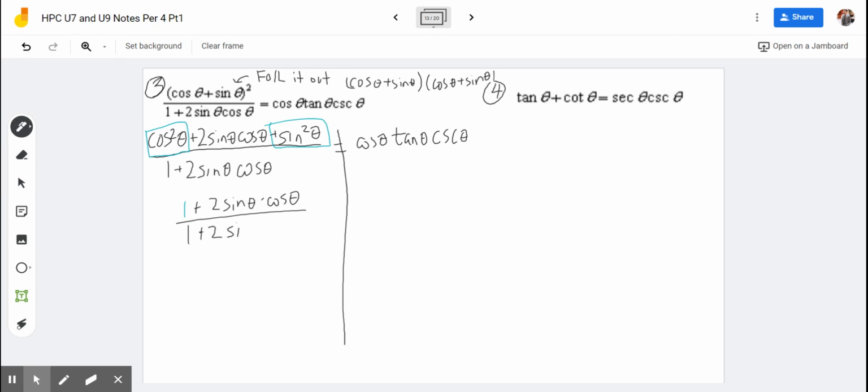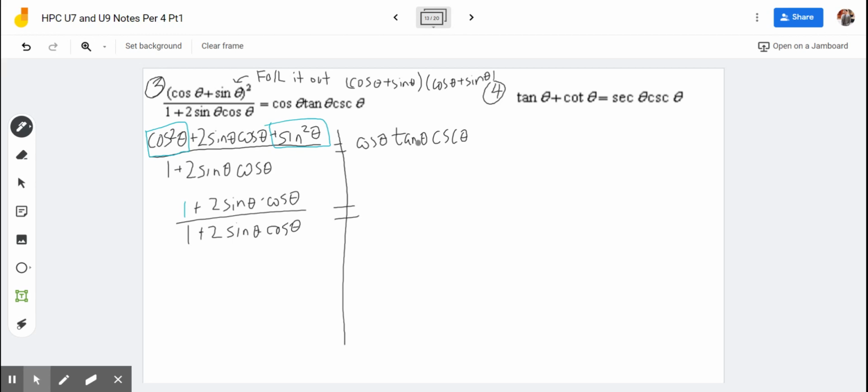And you're looking at this and you're like, wait a minute. You're talking to yourself and saying, self, these look the same, and you're not going crazy, because both of these will eventually cancel out. You're just left with 1. So we'll get to that in the next step, but we're going to have to rewrite the right side now.